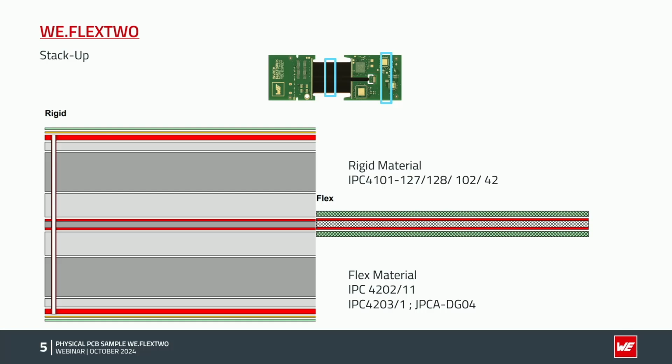The reason for that is, again, reliability. So the cover layer will always be far away from the next drilling. That's the main point for reliability. So we will never find a cover layer going into the rigid part and into the drilling areas or the PTHs.